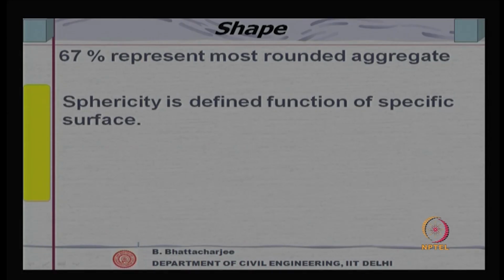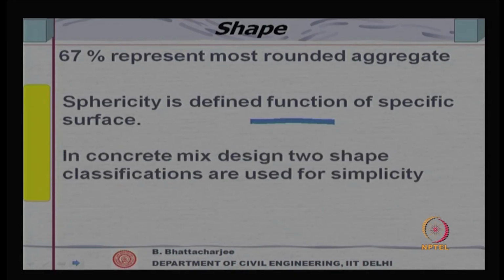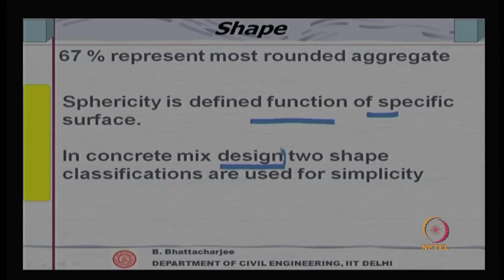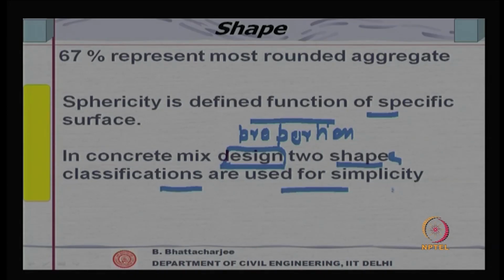Sphericity is defined as a function of specific surface. Let us see how it is defined. I will come to this definition a little bit later, but for practical usage, in concrete mix proportioning, two shape classifications are used for simplicity.